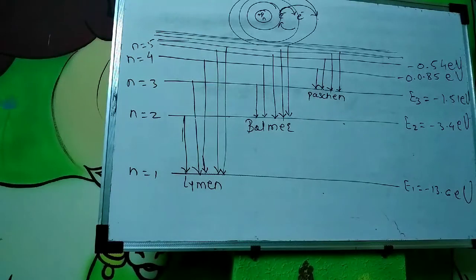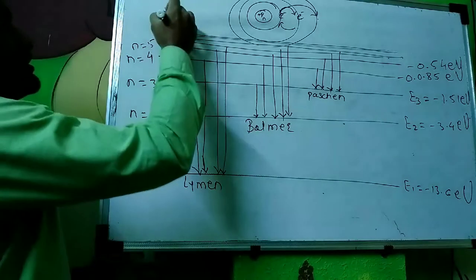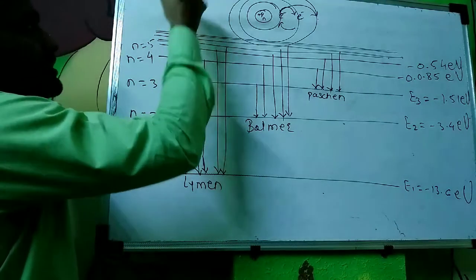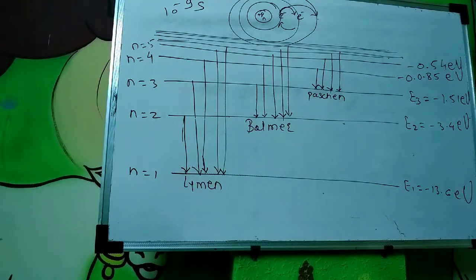These are nothing but the excited states, and again it will return to the ground state. It can stay in the excited state for a very short interval of time, around 10 raised to minus 9 seconds. So this is the way the electron transitions from the higher orbit to the lower, ground state orbit.